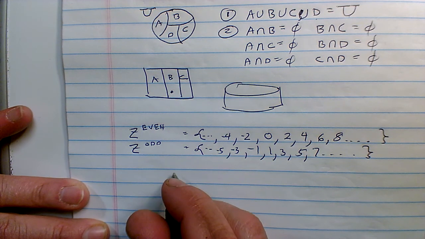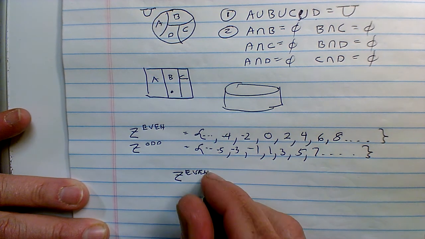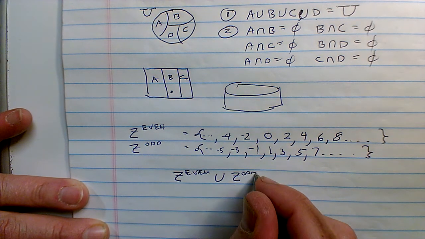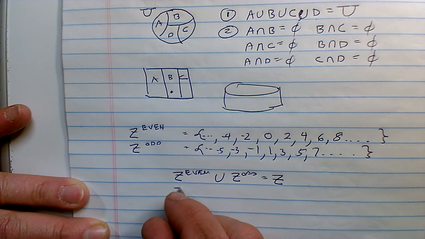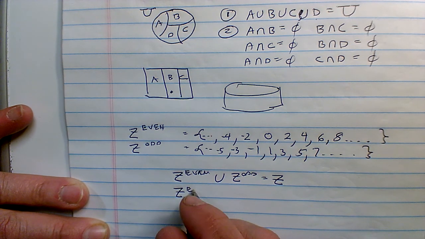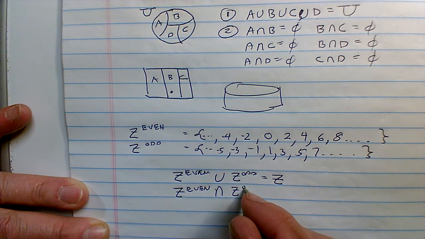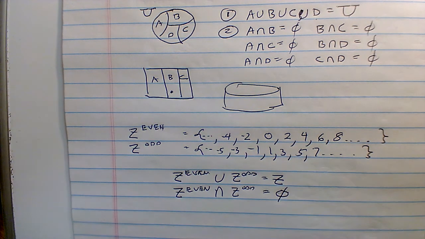If we combine the even integers and do a union with the odd integers, we get all of the integers. And if we do the intersection of the even integers with the odd integers, we get the null set, because there are no numbers that are both even and odd.